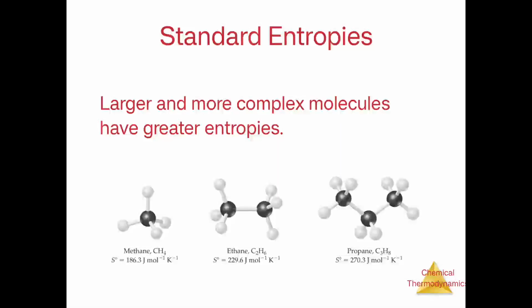And the standard entropies of particular gases have been shown here. Larger and more complex molecules have greater entropies. Think about how methane and the four hydrogen atoms are linked with it. Based on that, the entropy will be decided. Likewise, if you take ethylene or ethane, we consider how the hydrogen atoms are distributed over the two carbon atoms.